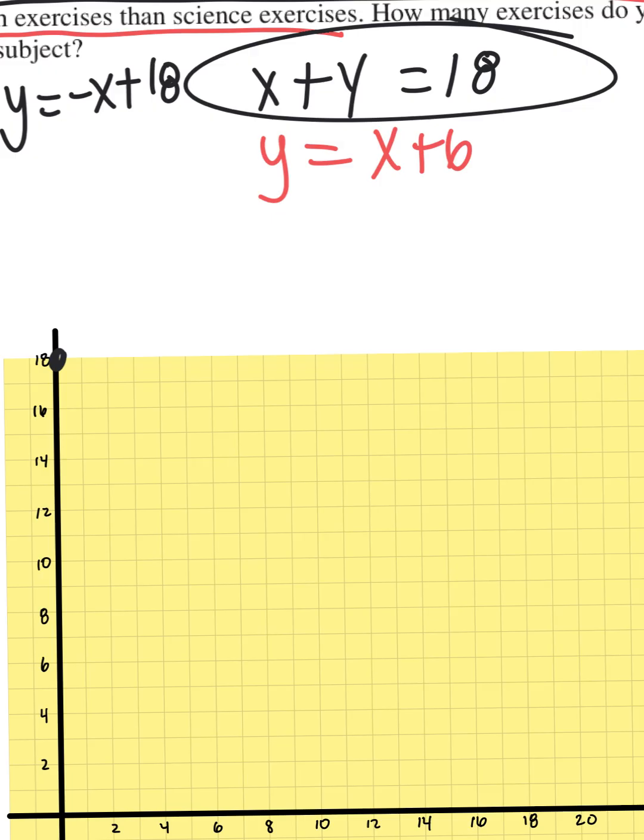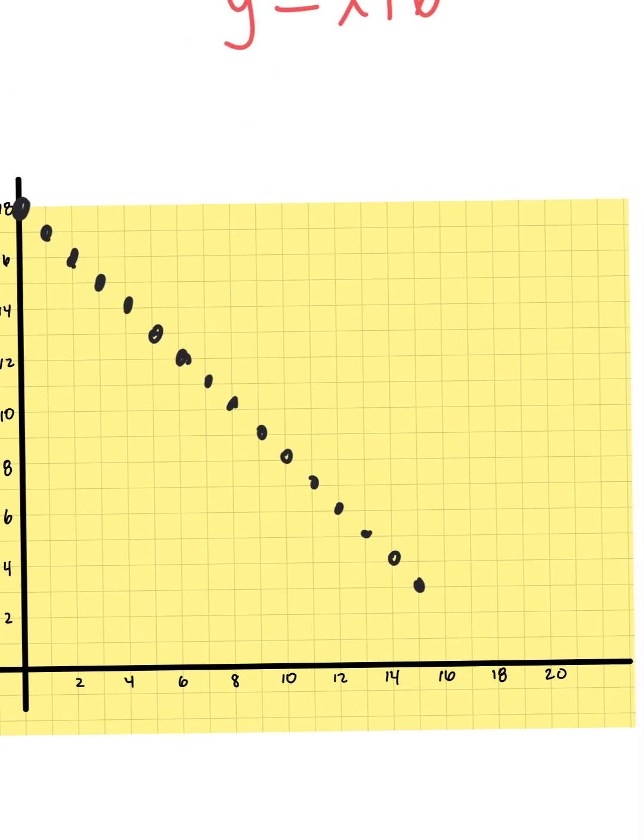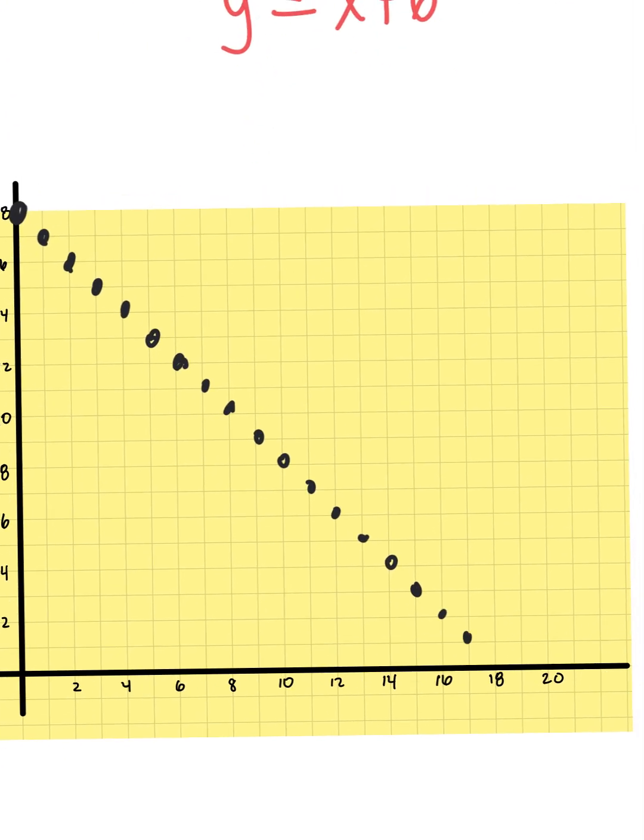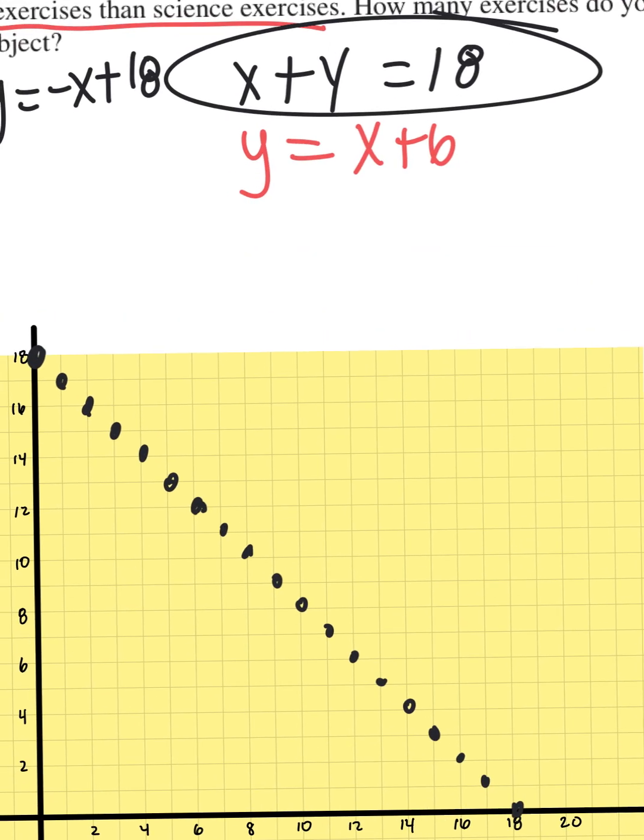The slope is -1. So down 1 over 1 to the right. All right. The second one, the y-intercept is 6. And the slope is +1. So up 1 over 1.